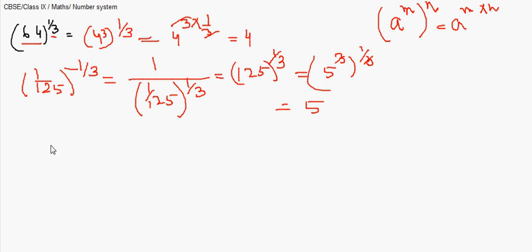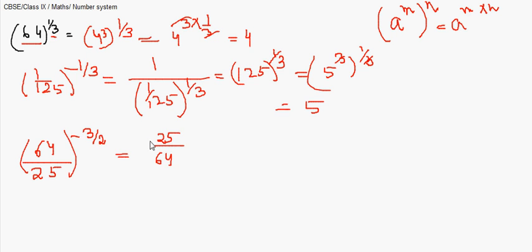Same kind of negative power we can take with a fraction, with a negative rational power. We need to reciprocate to remove this negative, so it becomes 64 upon 25 to the power 3 by 2. Now how do we solve this? We need to look at how 2 is getting cancelled.